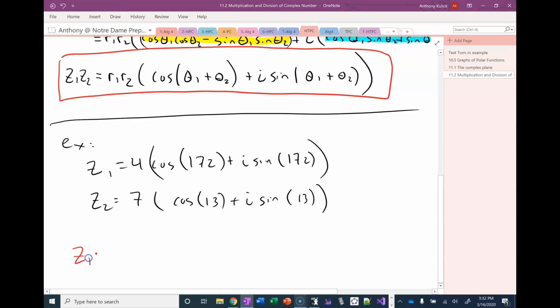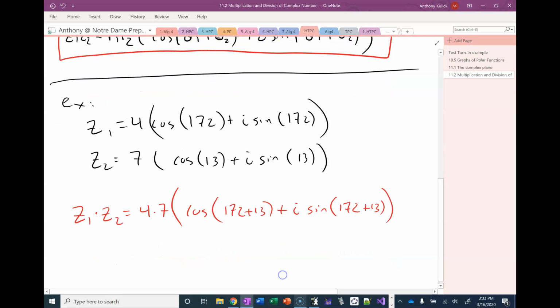And if I want to do z1 times z2, I'm just going to do 4 times 7 times cosine of 172 plus 13 plus i times sine 172 plus 13, or really 28 cosine of 185 plus i sine 185.